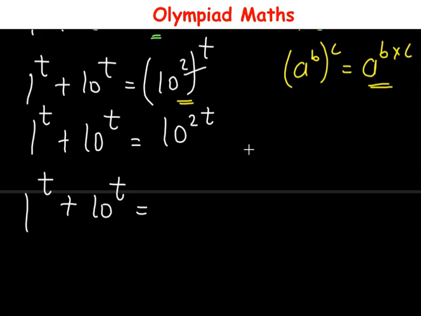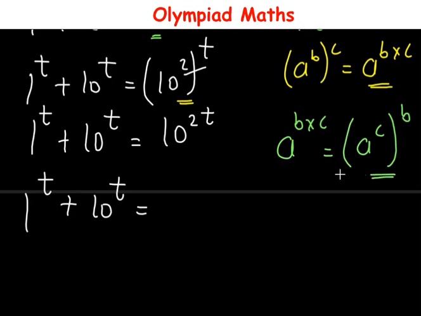Also applying this rule of indices, that if you have a^(b times c), this can be written as (a^c)^b. Applying this, what we have is (10^t)^2.